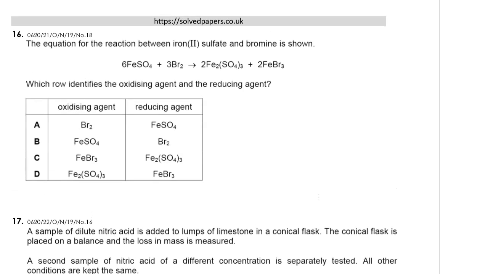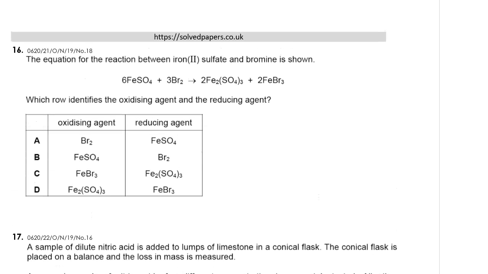Question number 16. The equation for the reaction between iron sulfate and bromine is shown. Iron sulfate plus bromine gives us iron 3 sulfate. This is iron 2 sulfate. This is iron 3 sulfate.